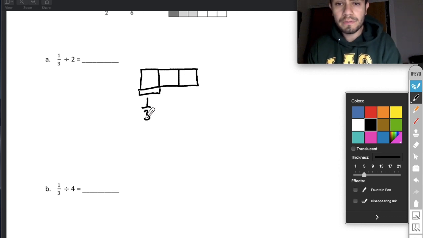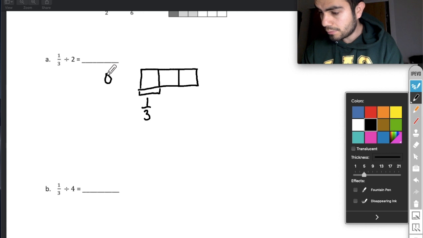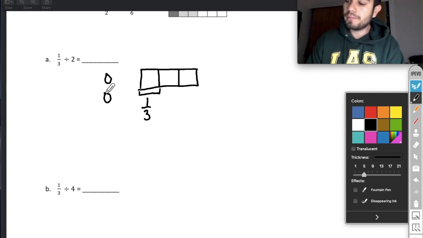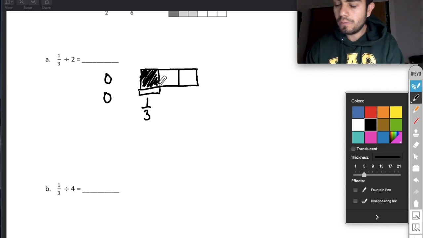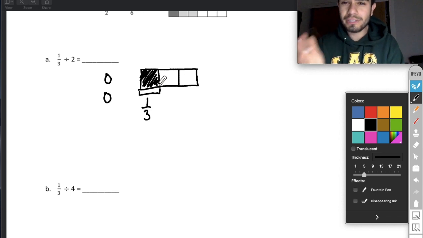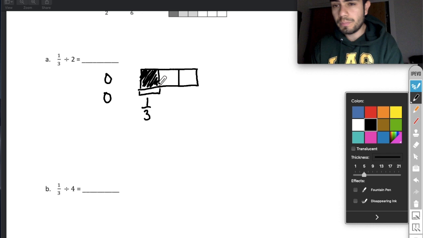And I want to divide that by 2. So let's draw out 2 people here for reference. Now, I can't share this whole piece right now into or divide it by 2. So I can't share that equally to those 2 people.